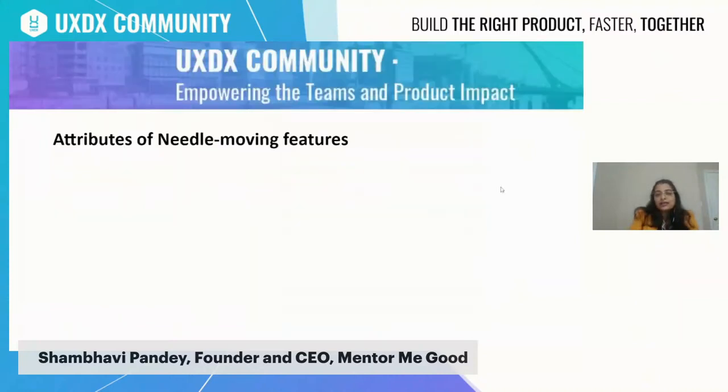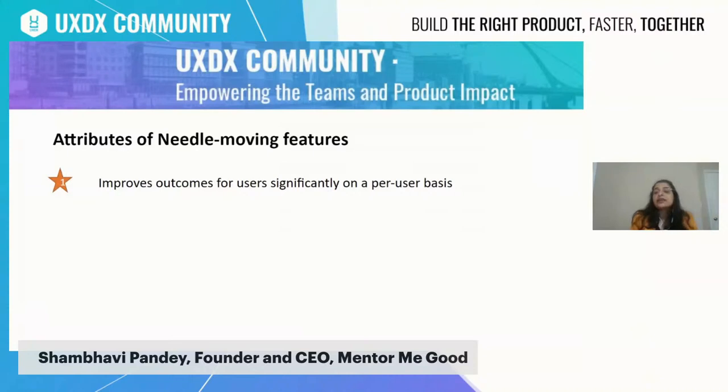Having looked at all this, what are the attributes of needle moving features? The first is that it improves the outcome of users significantly on a per-user basis. As a user, your behavior can change, how you interact with the product can change, and it's not just a small change on the website.